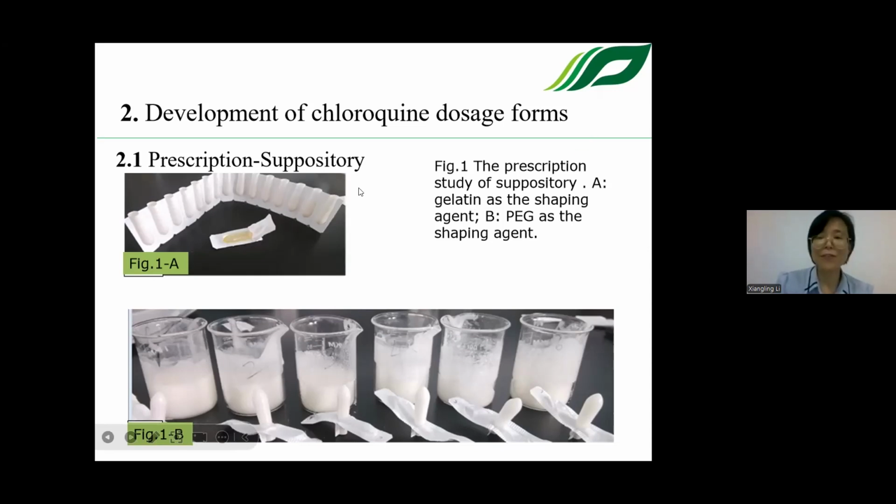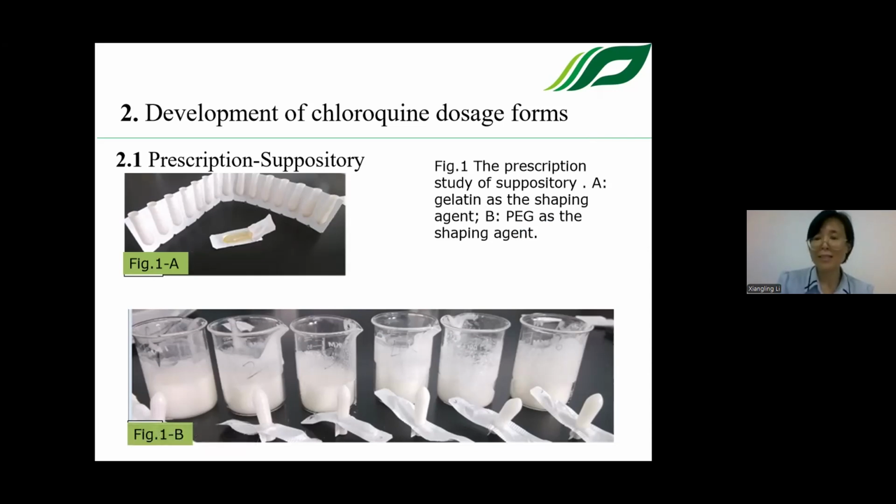It's easy to get gelatin, but it's difficult for us to dissolve the gelatin during the production process. Next, we tried PEG as the shaping agent. Now it's easy for us to dissolve the PEG.